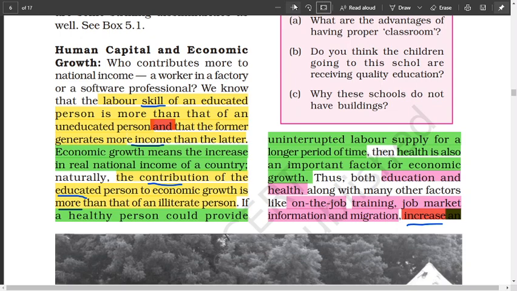We have learned about human capital and the sources that we can convert human resources to human capital. That's about education, health, two prime important sources. Then we talk about the other factors like on the job training, migration, information.